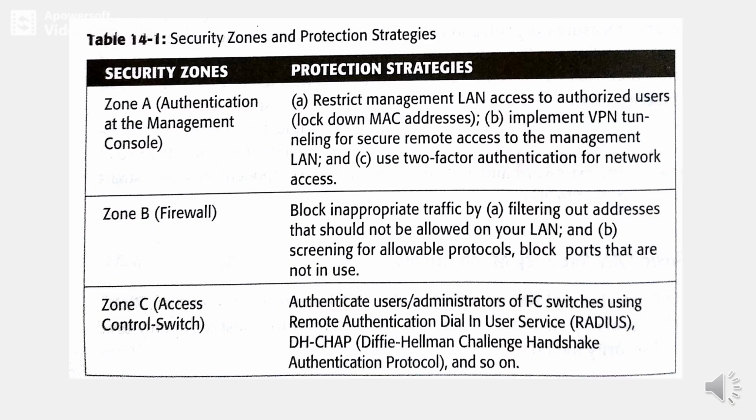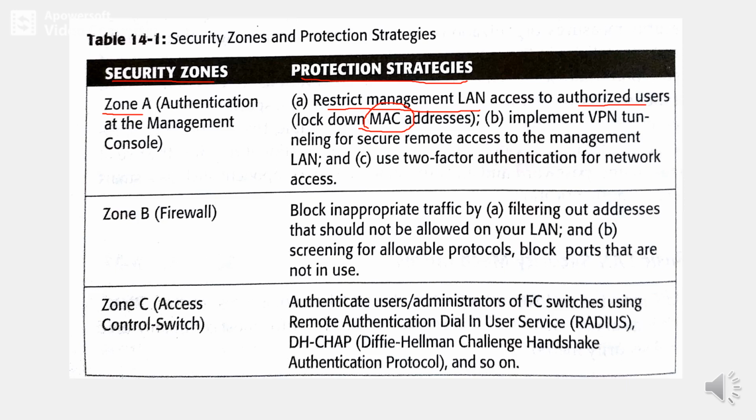Here we have different security zones as well as the protection strategies that can be considered. As I mentioned before, zone A is authentication at the management console. The protection strategies considered are, first, restrict management LAN access to authorized users, that means lock the entire MAC address.